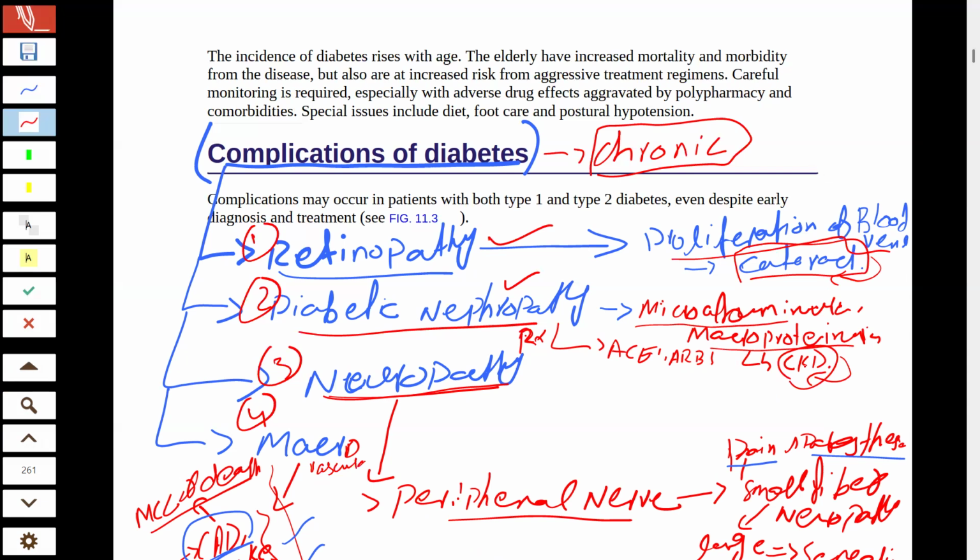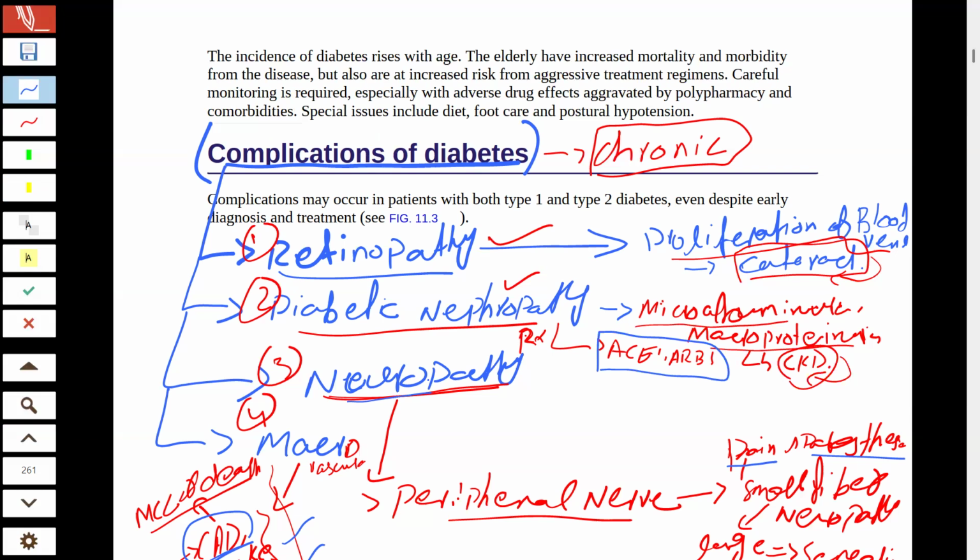And the best treatment for this type of patient is an ACE inhibitor or ARB. The drug of choice in these patients, we will go for ACE inhibitor. Then third is neuropathy. In neuropathy, there are a lot of complications. It affects the small fibers, and small fiber neuropathy leads to pain and paresthesia, and large fiber neuropathy in which there is absence of sensation.